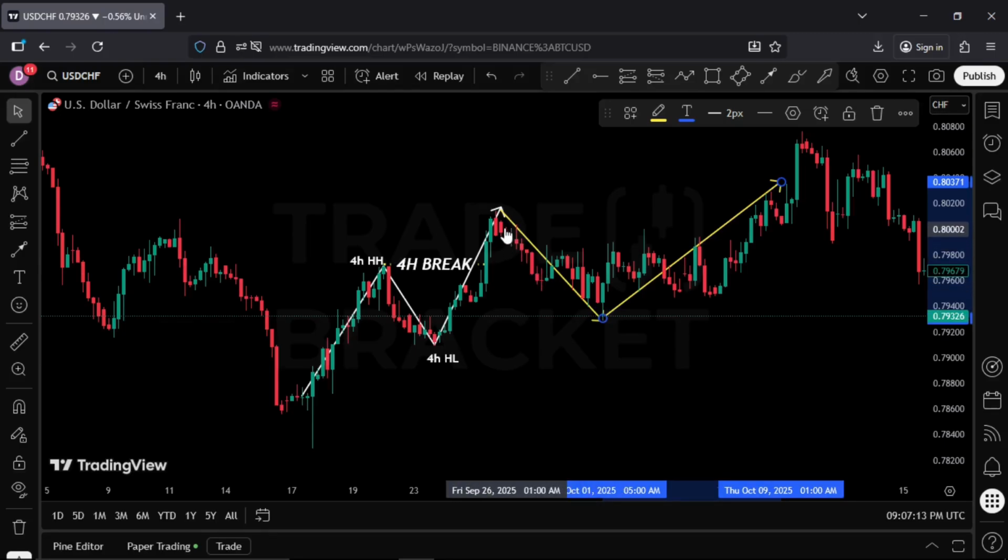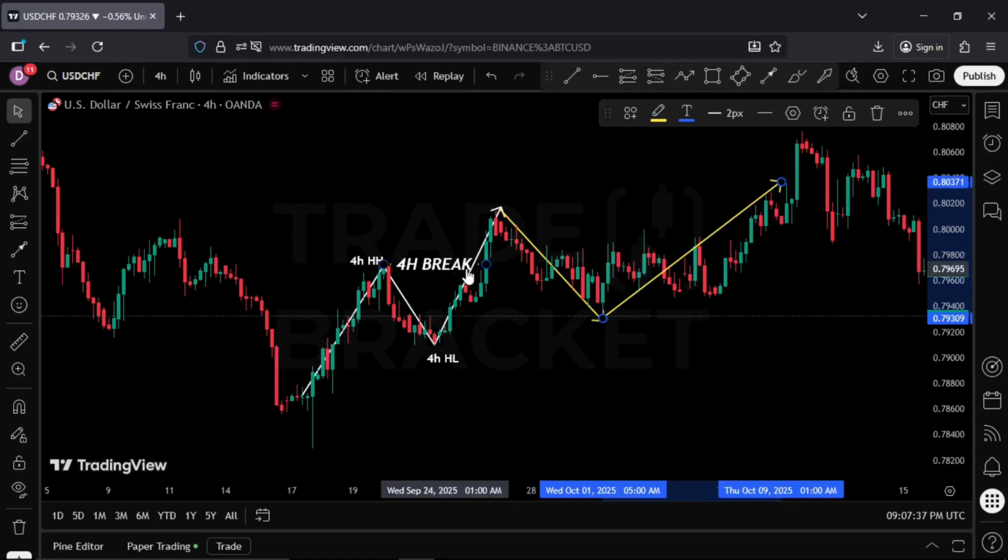When they see price making lower highs and lower lows, they think the directional bias of the market has changed. No guys, don't get confused. This is just a pullback so that the market continues in its intended direction, which is to the upside.